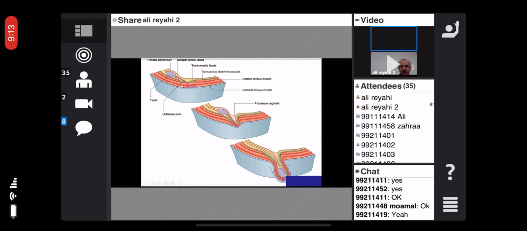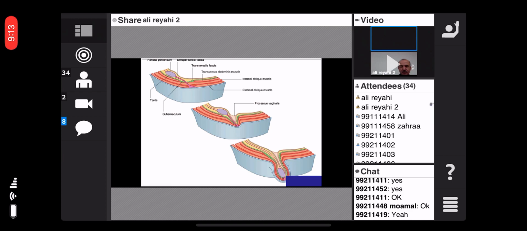This picture shows the abdominal wall, the three layers of muscle of the abdominal wall, and this is the transverse fascia. Look at here. When the testis descends and passes through the abdominal wall here, it does not pierce these muscles, but it pushes the abdominal wall.